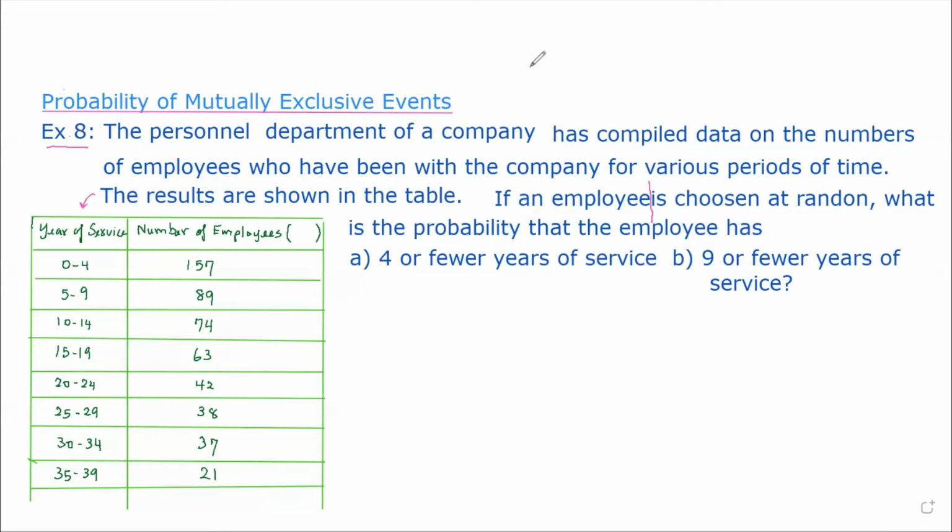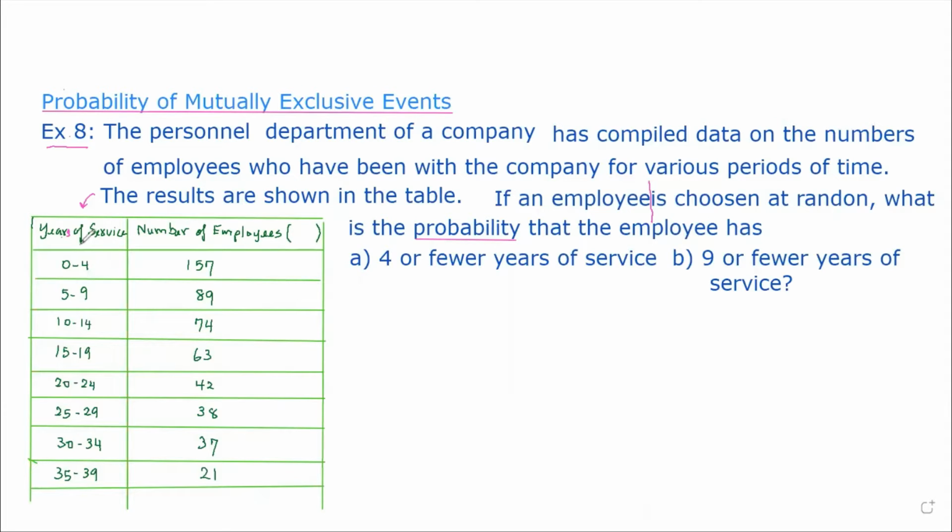But now the question asks us about the probability, okay? So it's not hard, right? We just see the table here, the green table, years of service and the number of employees.